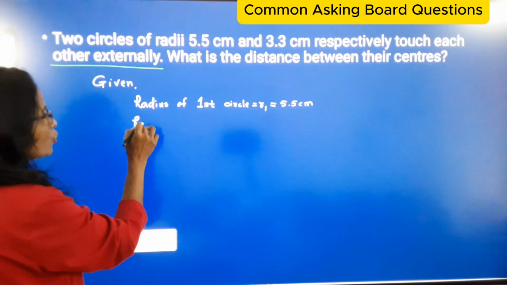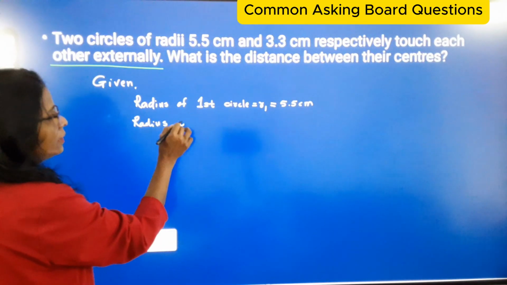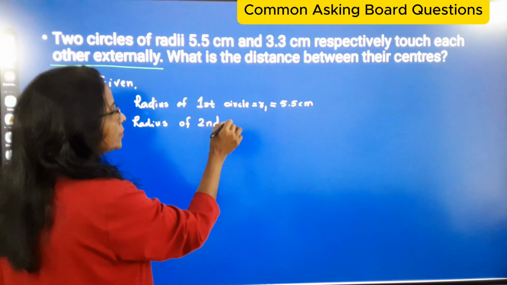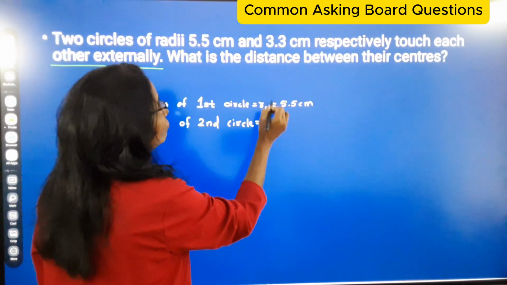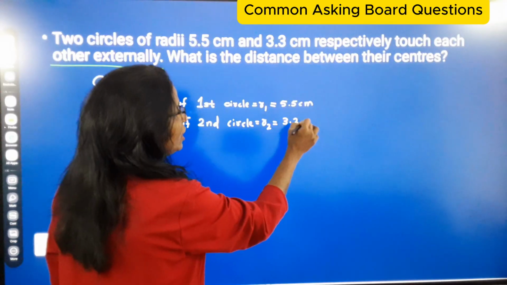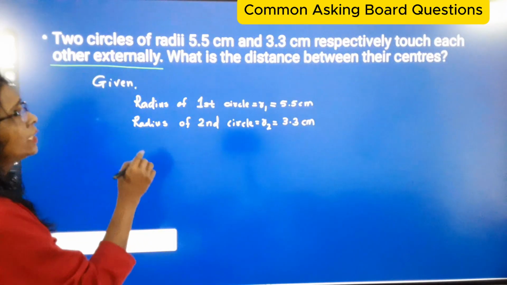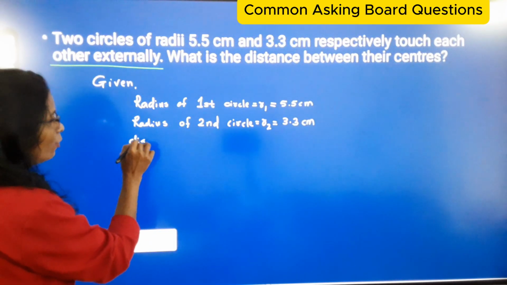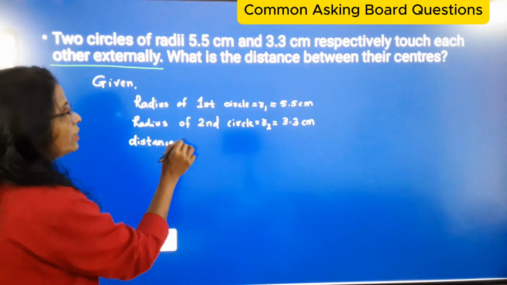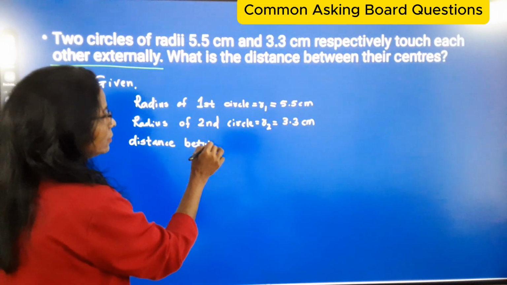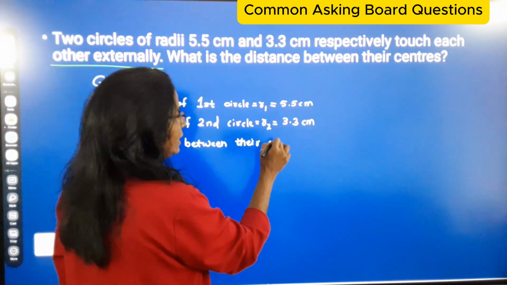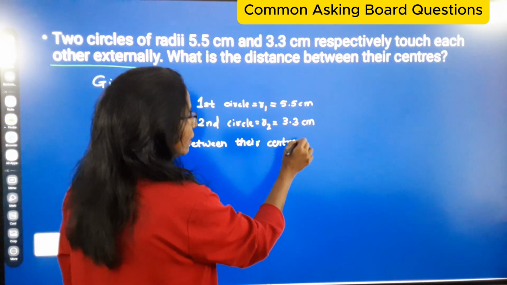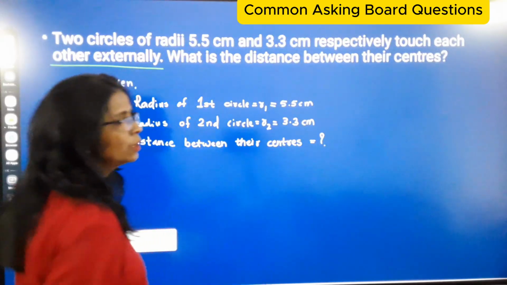The radius of the second circle, we call it R2, is 3.3 centimeter. Then we have to find the distance between their centers, which is equal to question mark.